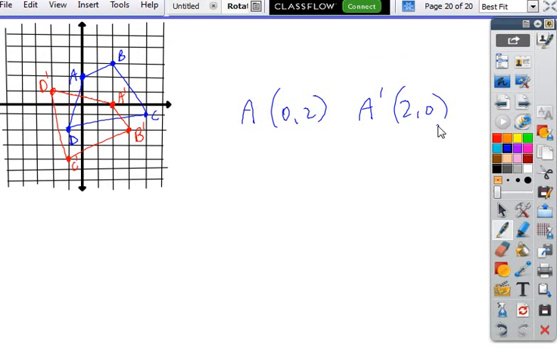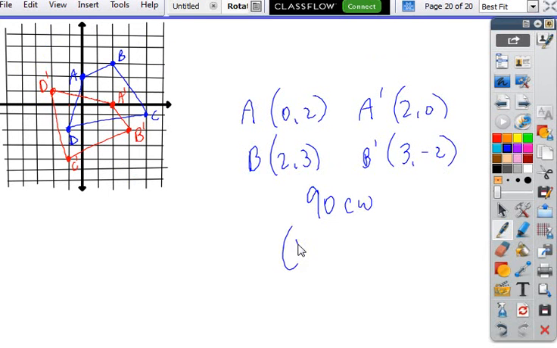I would prefer something like the B. That's 2, 3. B prime is 3, negative 2. What did I do right here? I changed the X and swapped the order. What rule says change the X and swap the order? So this is what I did. And if I put 90 clockwise, I need to say or 270 counterclockwise.